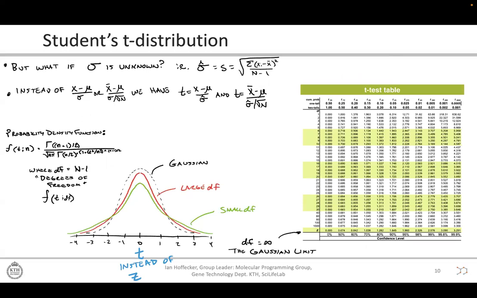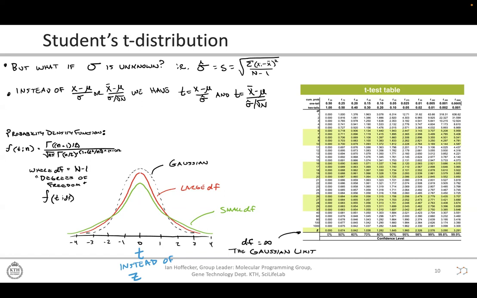But what if we don't know sigma? So again, we're using measurements that we've taken. We have data, and we have a computed estimator for the standard deviation, sigma hat, or again, we're using S to denote this. And we want to make a confidence statement, but we have a problem. The parameter for the Gaussian distribution is the population standard deviation.